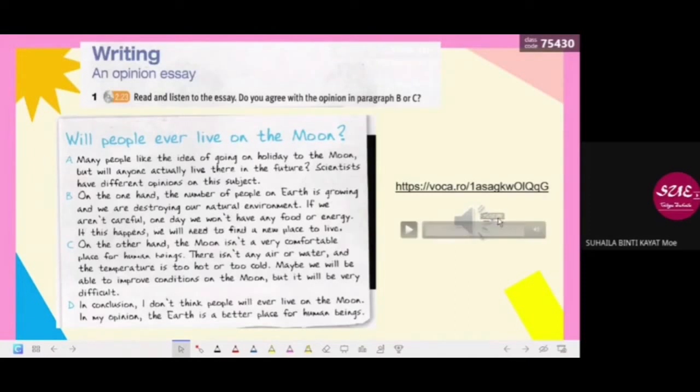Saya sediakan audio kat sini. I do not know whether you can hear it or not. But later on, I will put this audio dalam group Telegram so that you can listen. Or nanti saya akan buat cara macam mana lah. And then the question asks, do you agree, setuju, with the opinion, cadangan, in paragraph B or C?